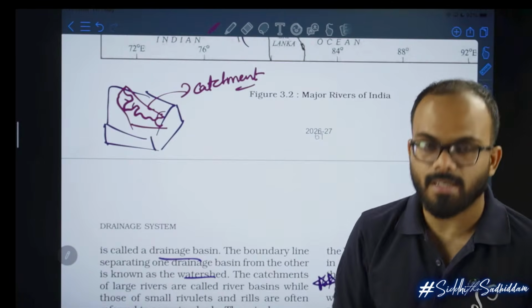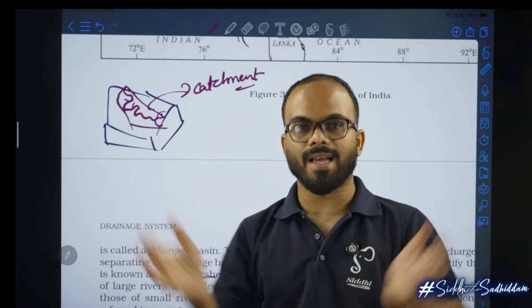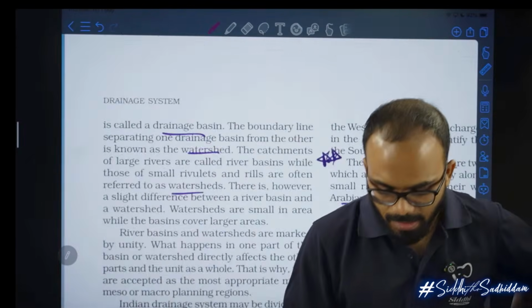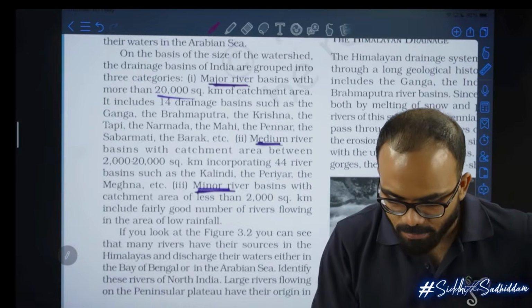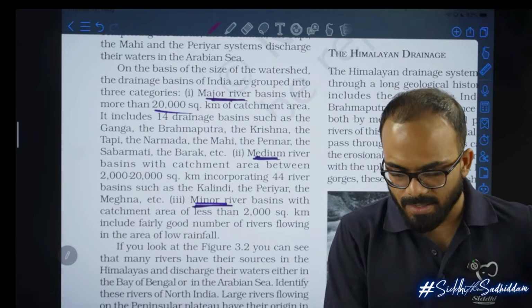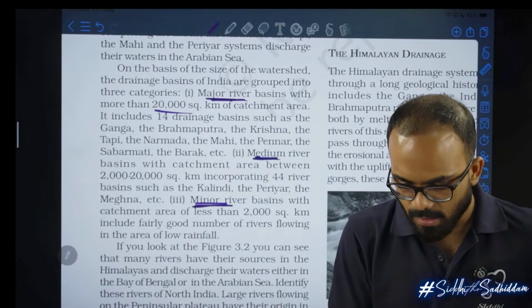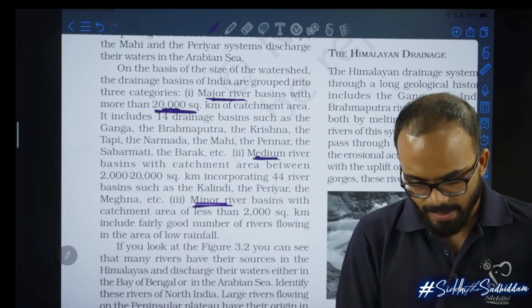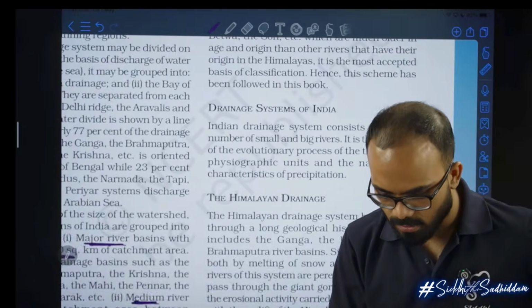The river along with its various tributaries, the entire region we call the catchment area of the river. Now based on the catchment area of the river, we have major river basins. Major river basins obviously have more catchment area, 20,000 square kilometers. Then you have medium, then you have minor catchment area basins also.